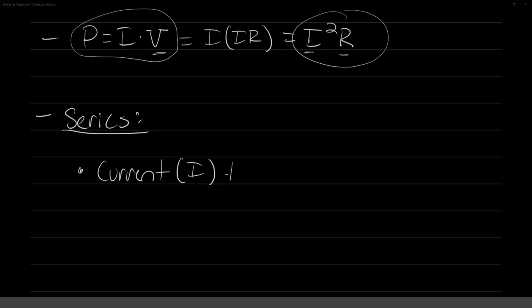So each component, if you have a bunch of resistors, you could have infinite resistors, they're all going to have the same current, right? Because in series, the current is allowed to just pass through.